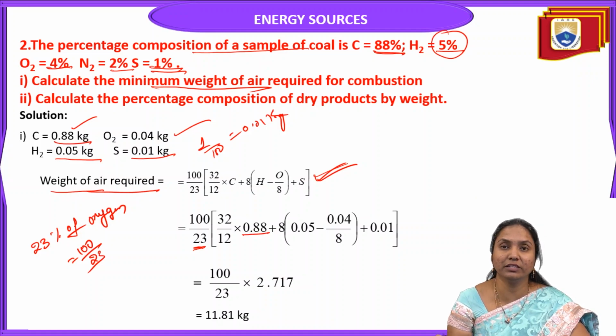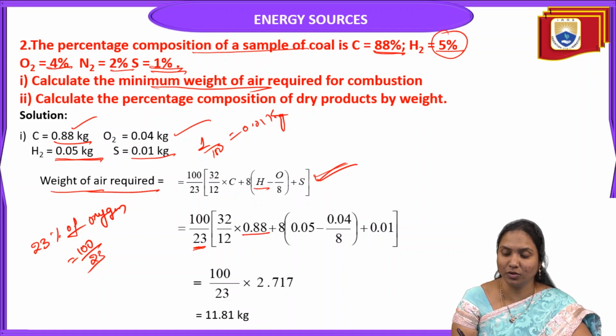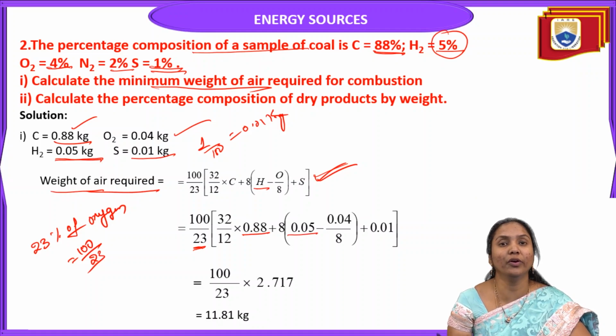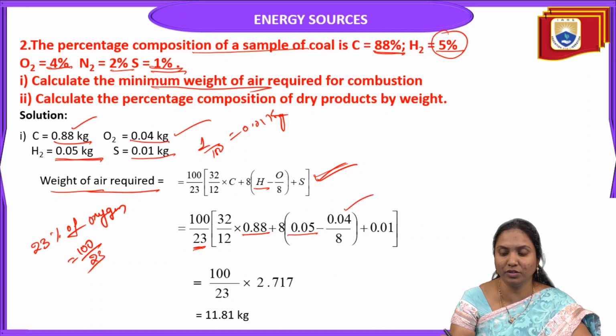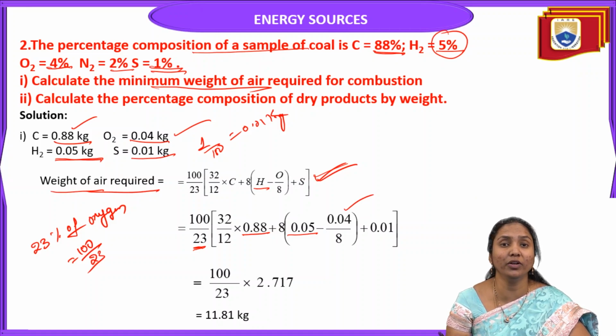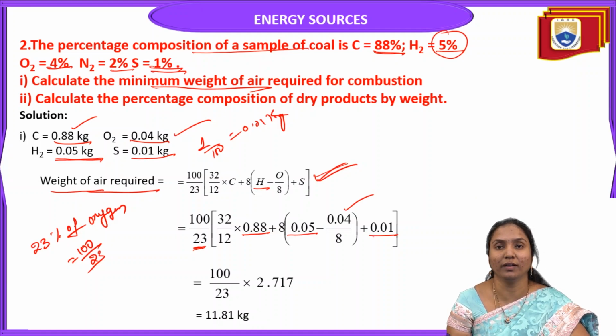Plus 8 into hydrogen weight 0.05, minus oxygen weight 0.04 by 8, plus sulfur weight 0.01. So we substitute carbon, hydrogen, oxygen, sulfur weights in this formula.